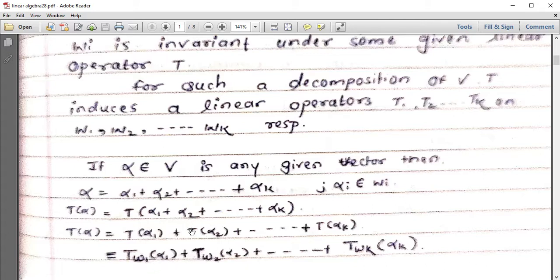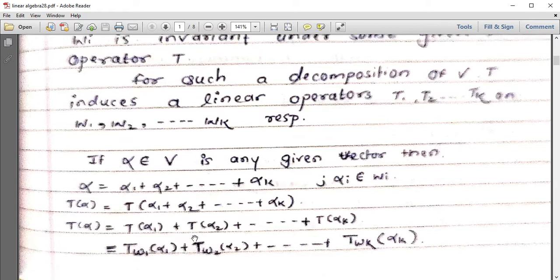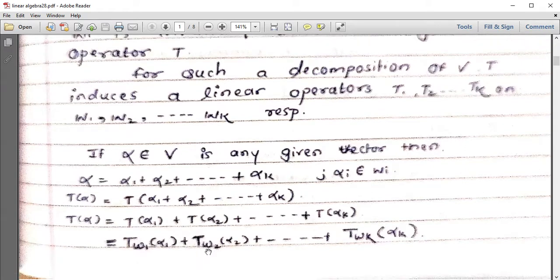Similarly T of alpha 2 belongs to W2, so we write T of W2 of alpha 2, and so on. T of alpha k belongs to Wk, since Wk is invariant under T, so instead of T we can write T of Wk of alpha k.